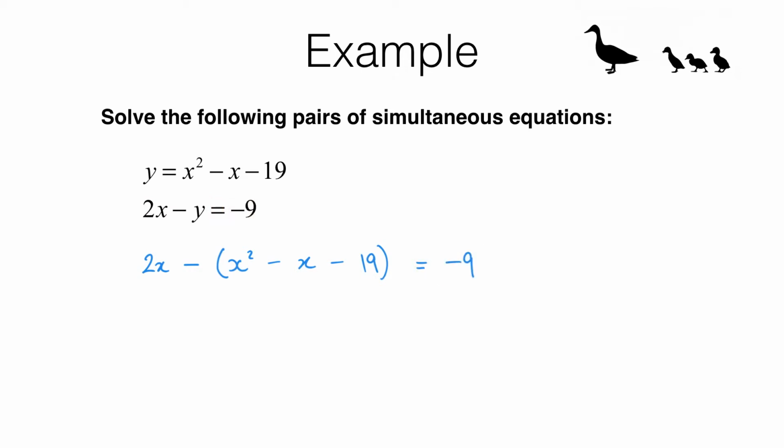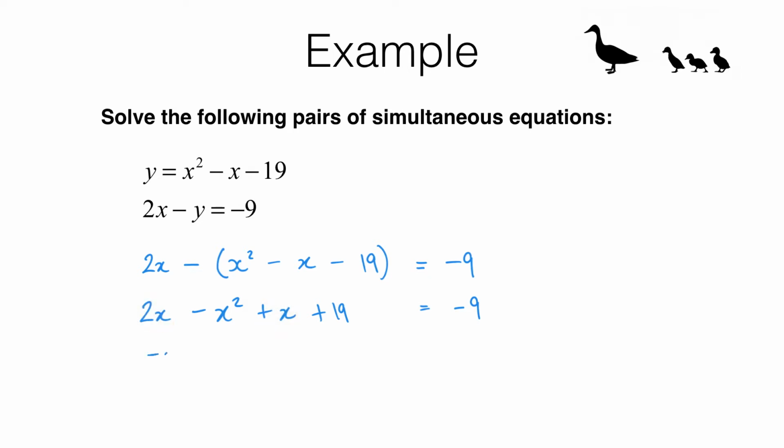Now, we need to take real care with the left-hand side here, but what we've got is 2x minus x squared minus negative x, effectively, so that's plus x, and then minus negative 19, so that's plus 19, and that equals negative 9. What I'm going to do next is collect these like terms, 2x plus x.